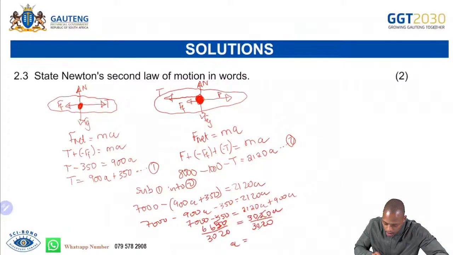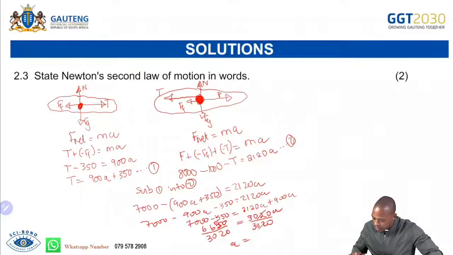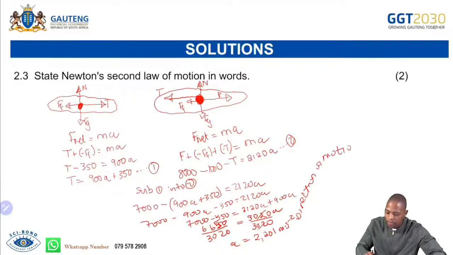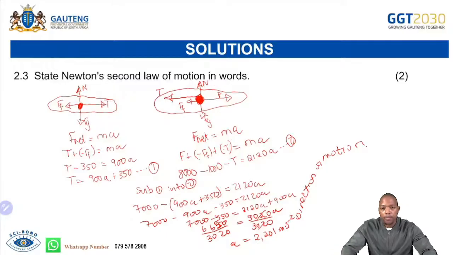What I will get is that the acceleration will be equals to 6,650 over 3020. My acceleration will be 2.201 meters per second squared in the direction of motion. And that's how you solve these two questions simultaneously.